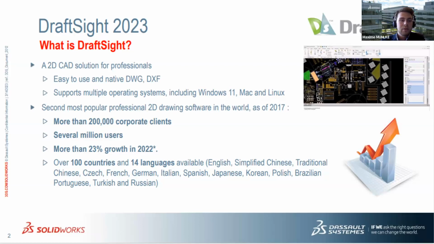These last few years, we have known a rapid growth in our sales of this solution, mainly due to the fact that we now have exceptional capabilities with DraftSight, and also linked to a recent announcement by Autodesk concerning the continuous increase in prices and also the stop of network licenses. DraftSight is a worldwide used software, since it is deployed in more than 100 countries and is available in 14 languages.